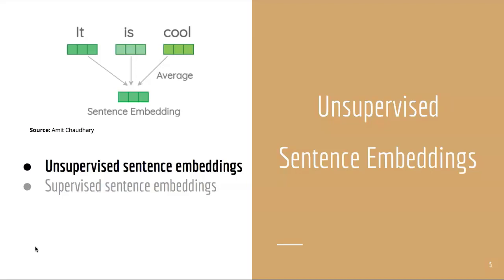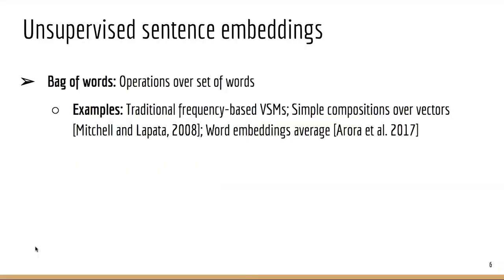Let's start with the unsupervised, where, as you can imagine, we are only going to use a single corpus that is not labeled to learn this sentence representation. The first idea is quite simple, with some bag-of-words approaches, where we can just get a representation of the words and then do operations on the vector representations of the words.